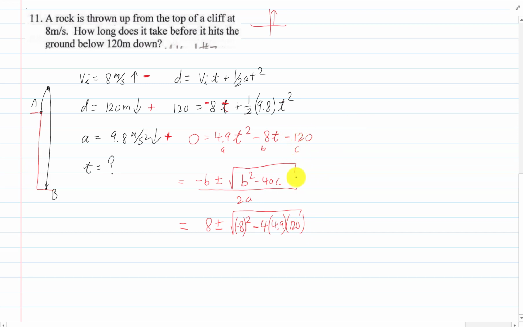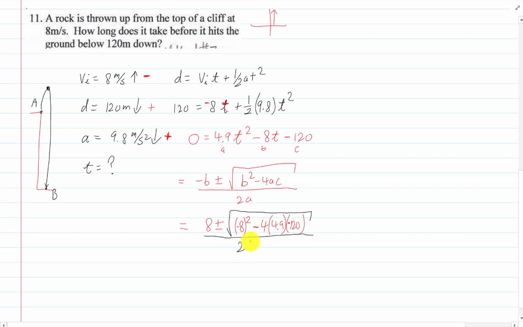This 120 is negative, and it better be, because then we can solve this discriminant. If that was a positive, making that a negative, I could definitely tell that would be a much bigger term, and I wouldn't want to subtract a negative and get a negative in the square root. All over 2 times A.